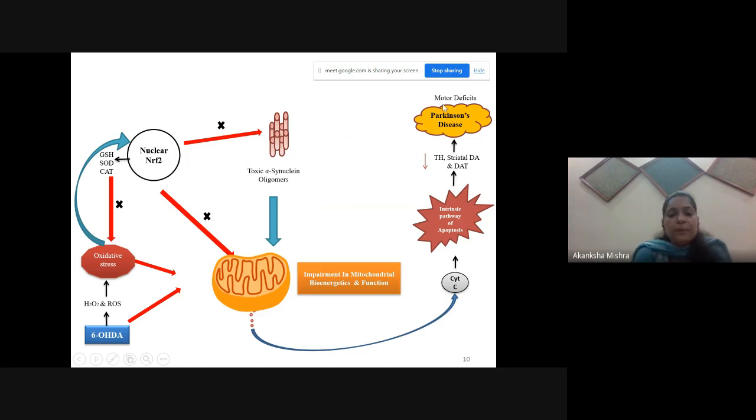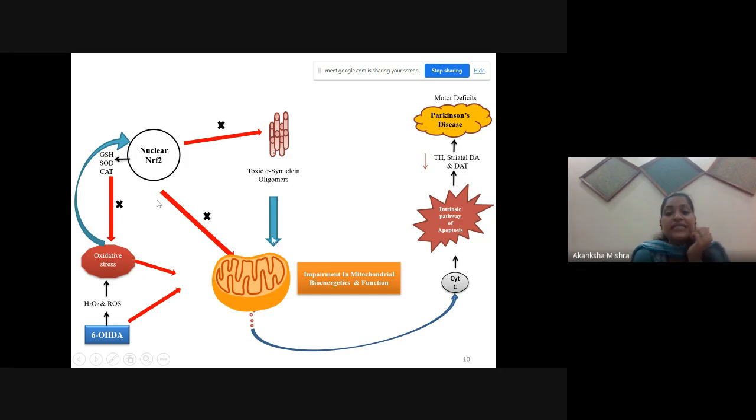Apart from that, nuclear factor NRF2 also affects alpha-synuclein oligomers, because we know that Lewy bodies are the basic character of Parkinson's disease, found in the brains of PD patients. So nuclear NRF2 also decreases the alpha-synuclein oligomer, through which PD can be treated. And how does alpha-synuclein oligomer affect mitochondrial function?